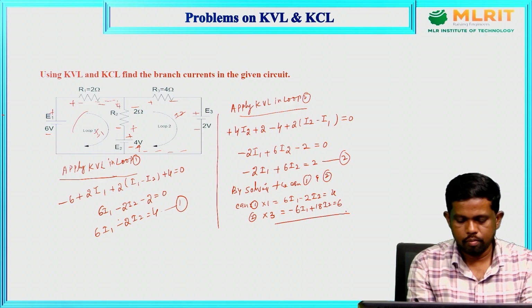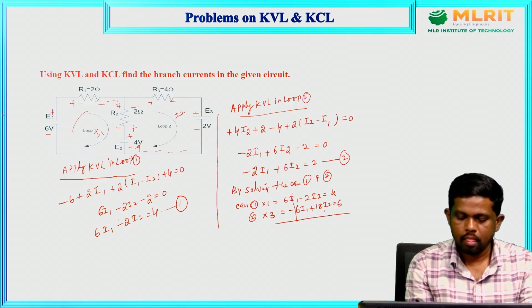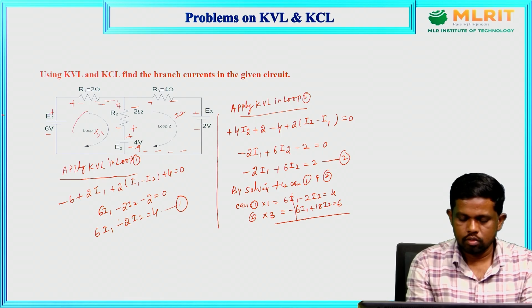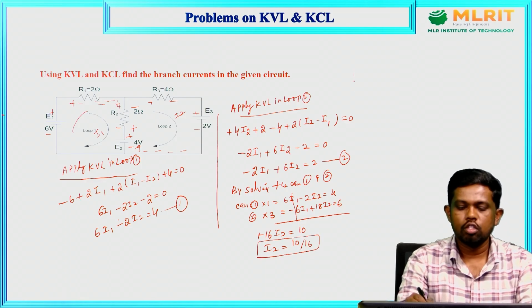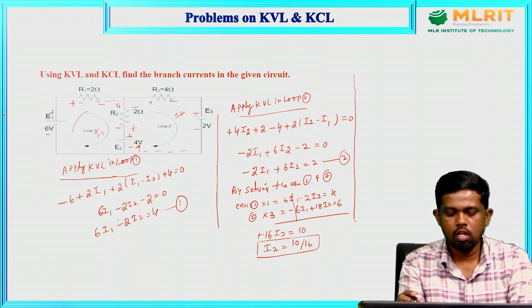So these two get cancelled, and the final expression after simplification is plus 16I2 equal to 10. Then I2 equal to 10 upon 16. So this is the current that flows through the second loop.